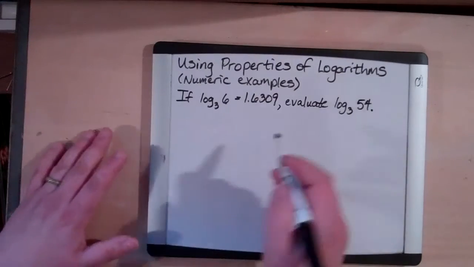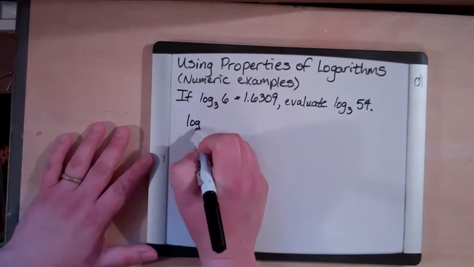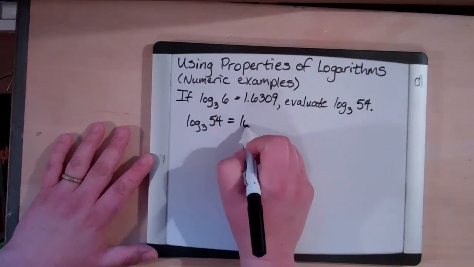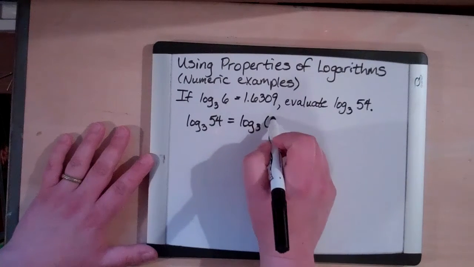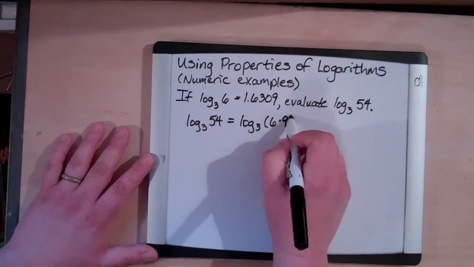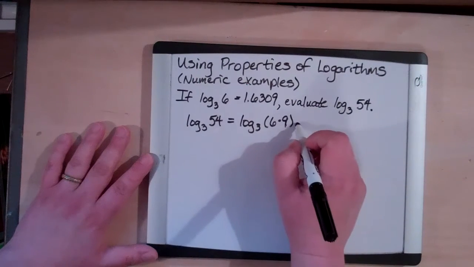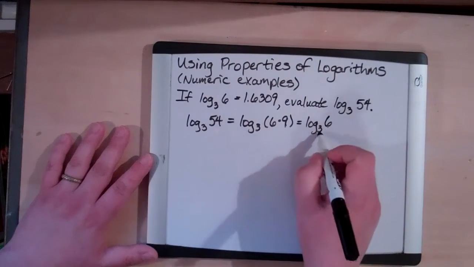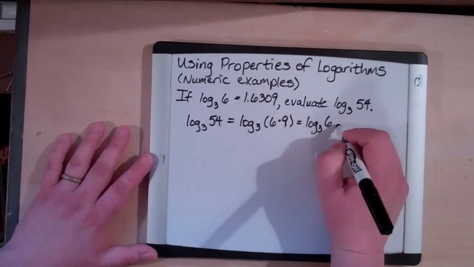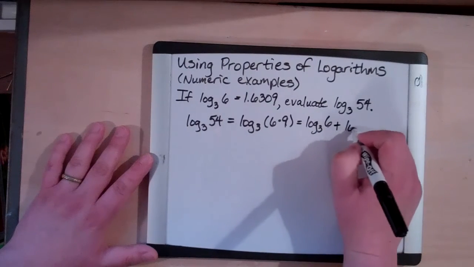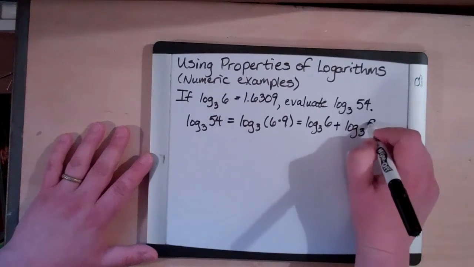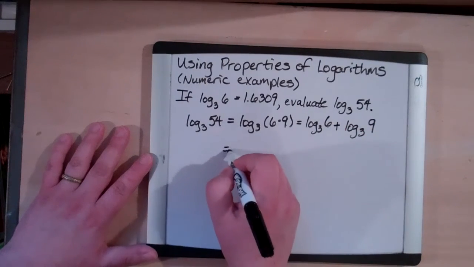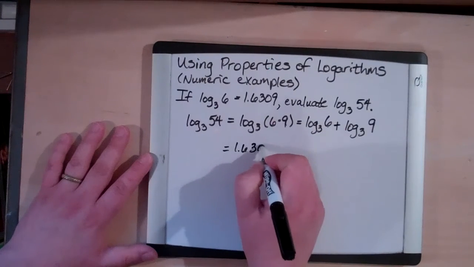So I will convert log base 3 of the number 54 is going to equal log with a base 3 of 6 times 9, and I can rewrite that as log with a base 3 of 6, so that I'll be able to substitute here. And I'm going to add it to log the base 3 of the number 9. So I'll substitute in for this value 1.6309.